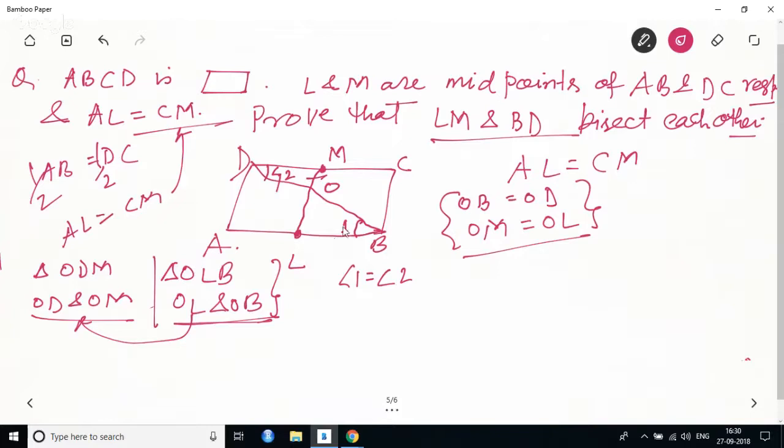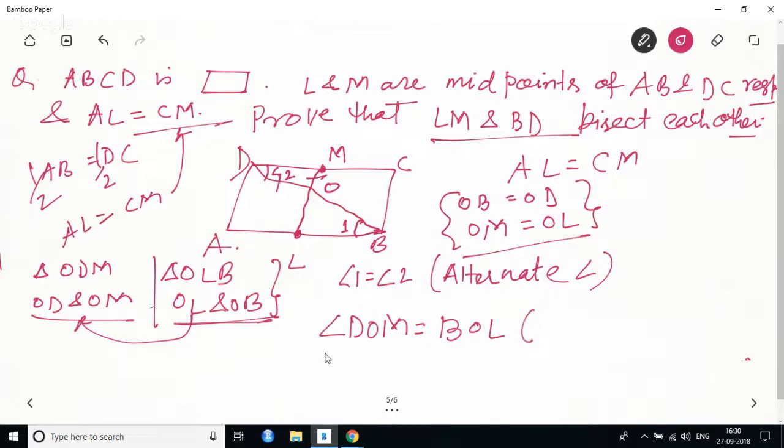Why? Because these two sides are parallel, so I am writing alternate angles. Now this angle DOM is equal to angle BOL, vertically opposite angles. So if I have proven that two angles of a triangle are equal, the third one has to be equal. So I have proven that all the angles are equal, as simple as that.